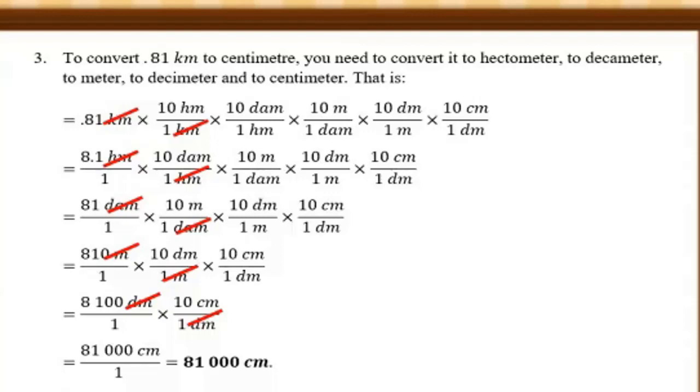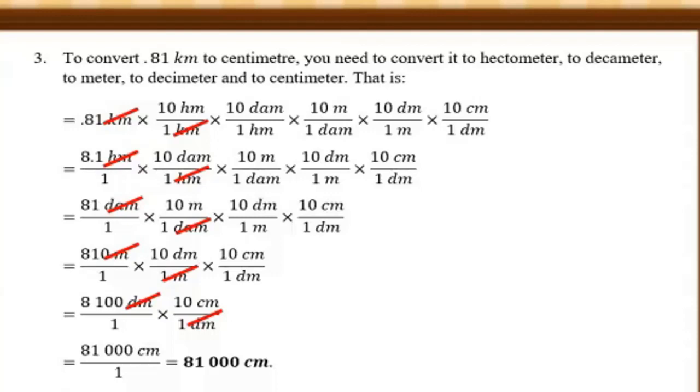Now to cancel out meter, we multiply 10 decimeter over 1 meter. So 810 meter times 10 decimeter over 1 meter, cancel the unit of meter, so it becomes 810 times 10 is equal to 8,100 decimeter times 10 centimeter over 1 decimeter to cancel out the decimeter unit.